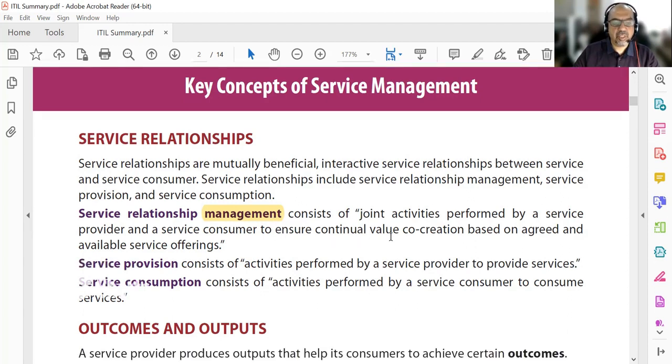So we will do some activities as service providers, and also the service consumers, they do some activities, so we can have what's so-called value co-creation. Example for that, every day we use search engines, maybe Google search engine or Bing or other search engines.